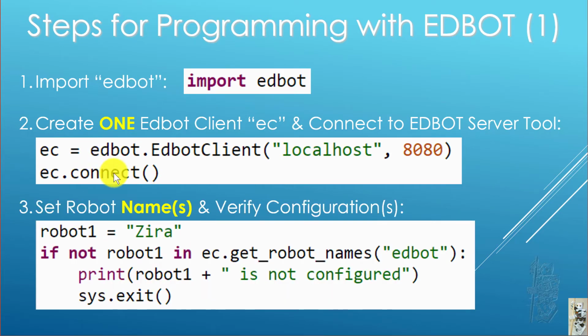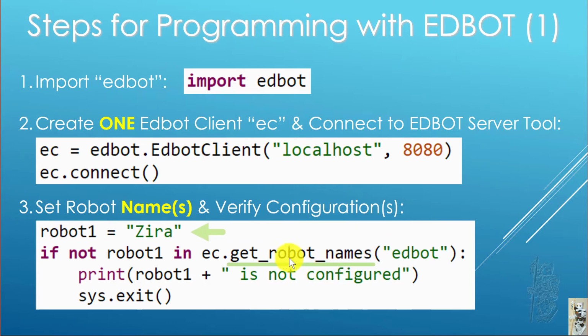Once you connect, you can use one robot or two or several robots. In the book, I'm using up to two Mini robots, one named Zira and one named Zork. Here I'm using only one robot, so robot 1 is Zira. Of course, if you have Zork, you can have robot 2 Zork.